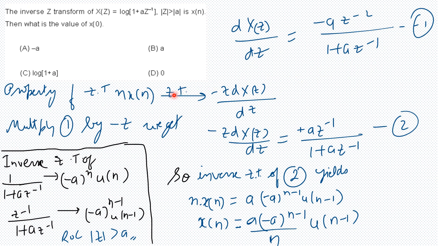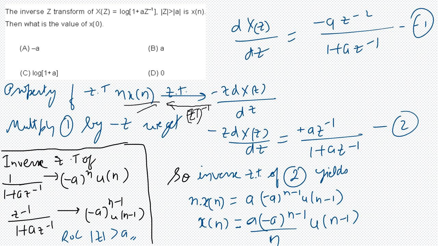But we know one property of the z transform says n x of n has a z transform of minus z dX(z) over dz. These two are z transform pairs, so it has an inverse z transform of n x of n.